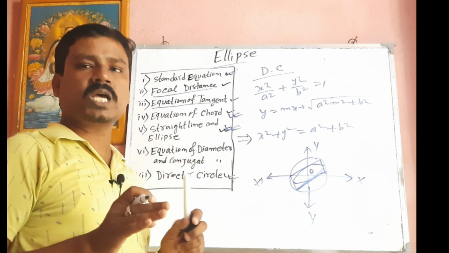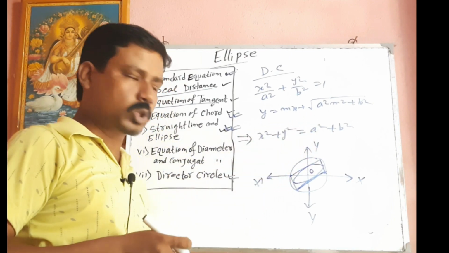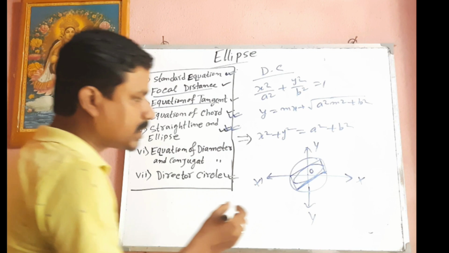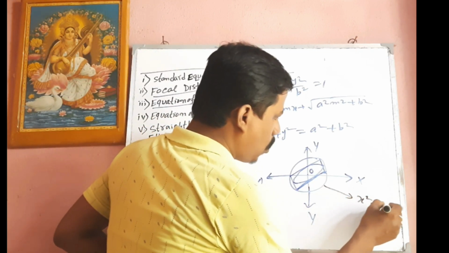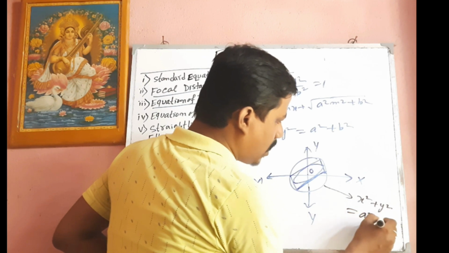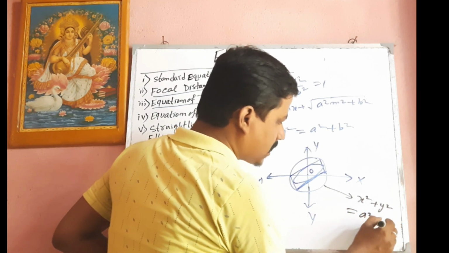Then the equation of the director circle will be x square plus y square is equal to a square plus b square. And according to the picture, this is x square plus y square is equal to a square plus b square, the equation of the director circle.